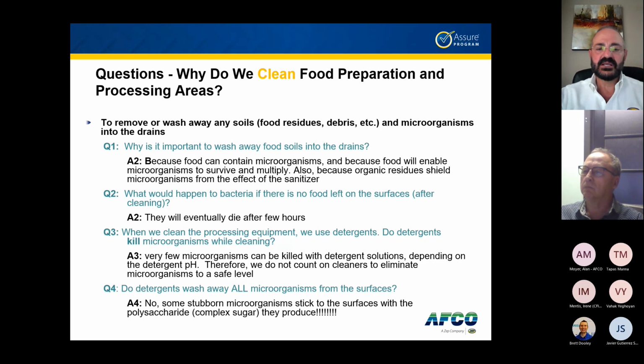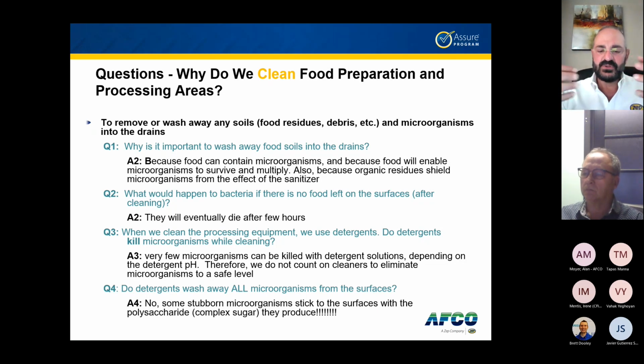When we clean the processing equipment, we usually use detergent, most likely alkaline detergents. Do these alkaline detergents kill microorganisms? Even if they were chlorinated alkaline cleaners, do we clean to kill microorganisms? The answer is no, because these detergents are formulated to remove the soil, and most of the microorganisms loosen up from the surface.